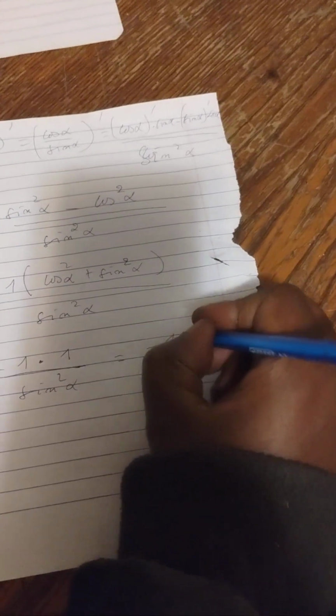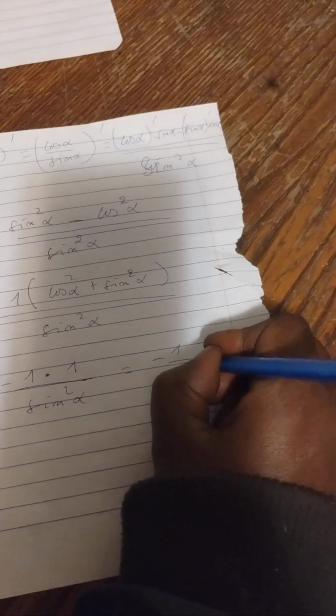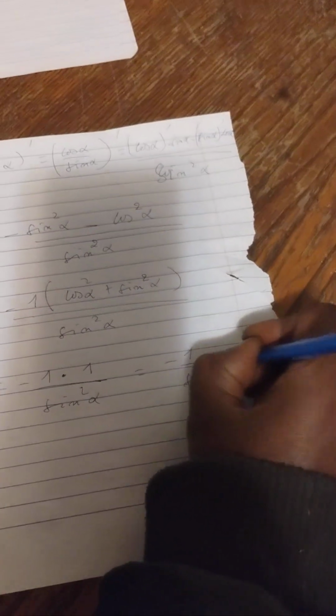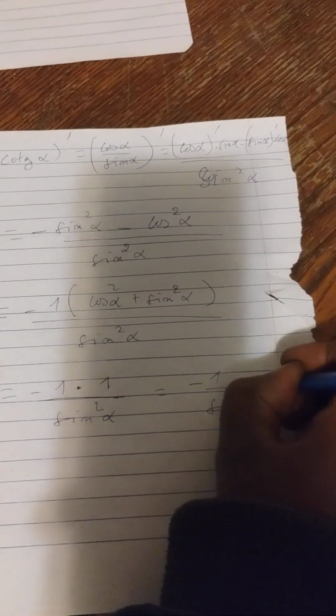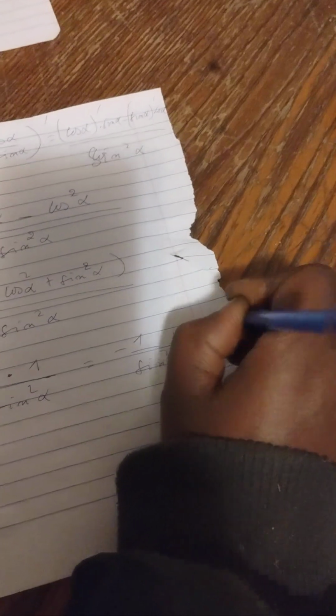It's equal to minus 1 over sine alpha squared, which equals minus cosecant squared alpha.